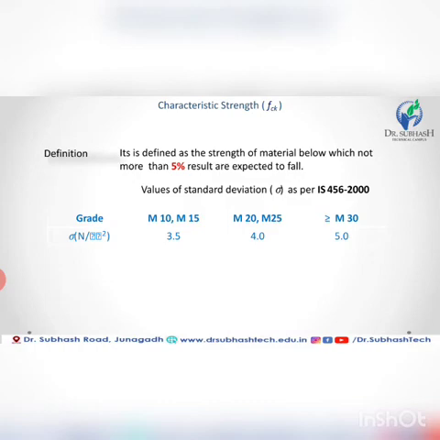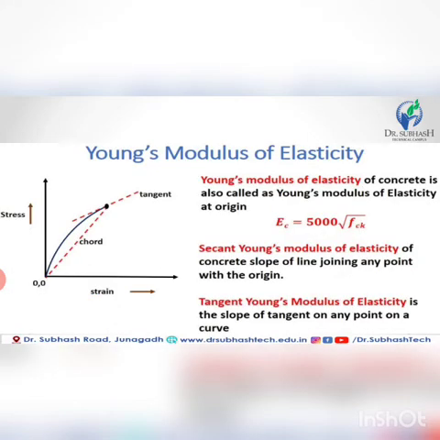Next, Young modulus of elasticity. What is Young modulus? Young modulus of elasticity of concrete is also called Young modulus of elasticity at origin. Ec is equal to 5000 under root fck, characteristic strength of concrete.